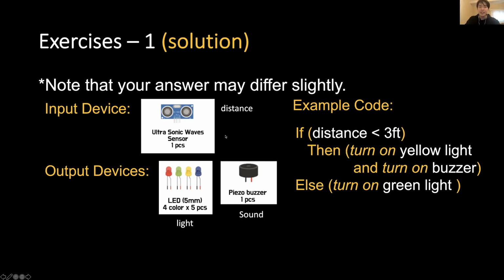You get a distance from this sensor, and if the distance is maybe less than 3 feet, the number is arbitrary, it can be 4 feet, then turn on a yellow light or red light, doesn't matter, and turn on the buzzer. So it makes sound and it blinks, so the driver knows. Otherwise, turn on green light. By the way, you don't really have to have this else statement, but I did it so that the driver knows it's safe because it's green.